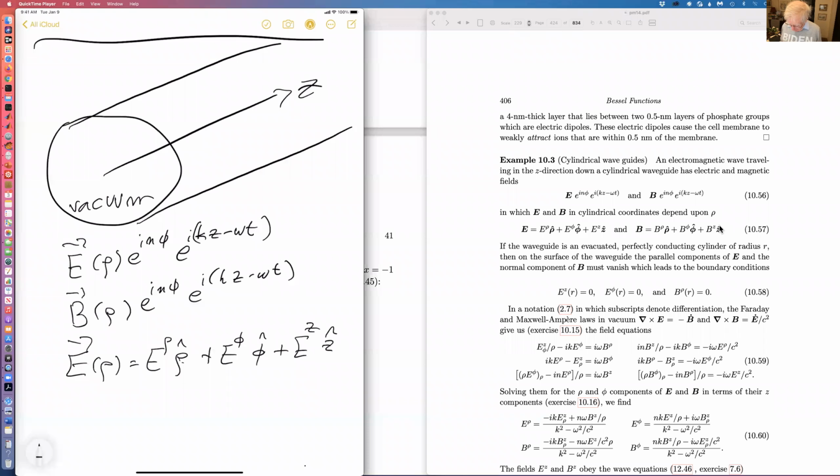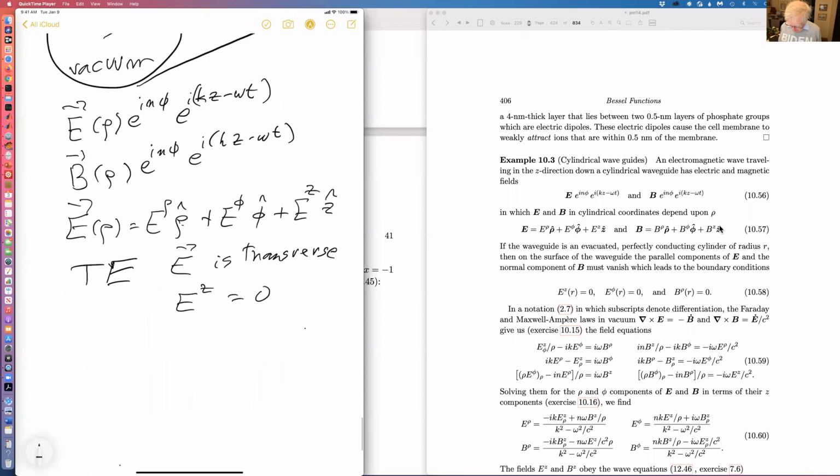In the transverse electric case, transverse is this direction, transverse to the direction of motion, the direction of the plane wave down the waveguide. And so TE means that E is transverse. And consequently, Ez is equal to 0. TM means that B is transverse.